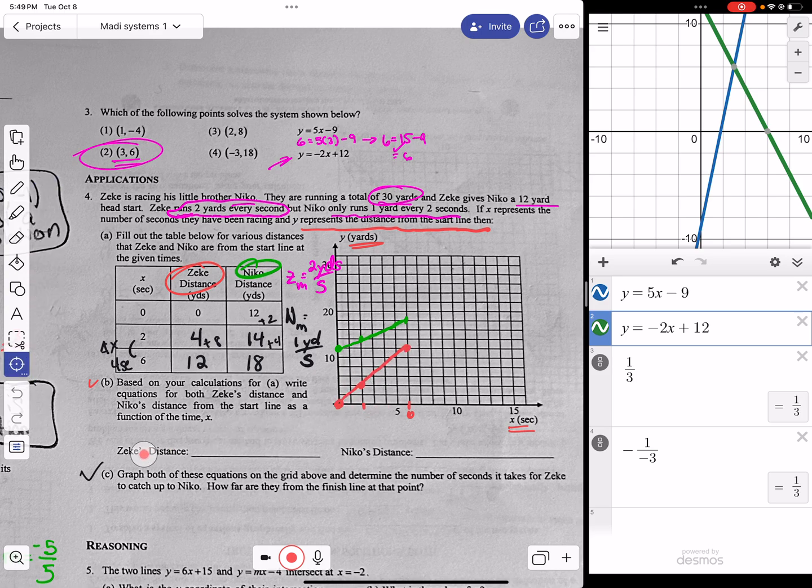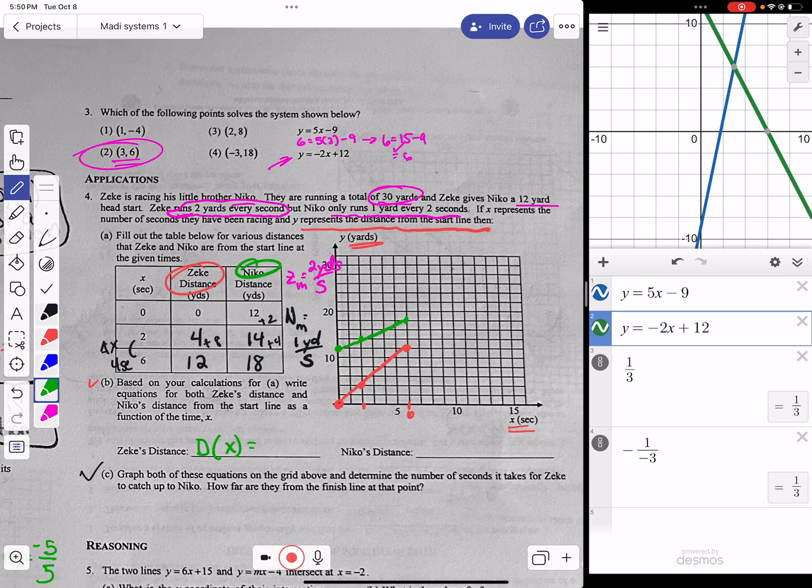Alrighty, so now they want us to write functions for these things. Based on your calculations, write an equation for Zeke's distance and Nico's distance from the start time as a function of time. So we might do something like distance for Zeke here as a function of time x, unless they've given us other variables and I don't see them anywhere, equals.